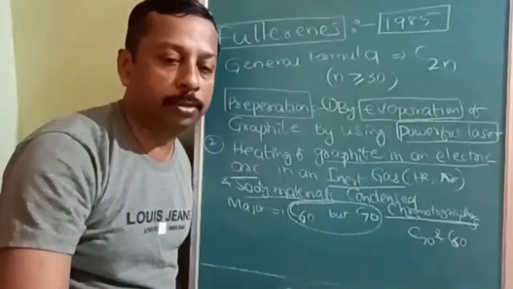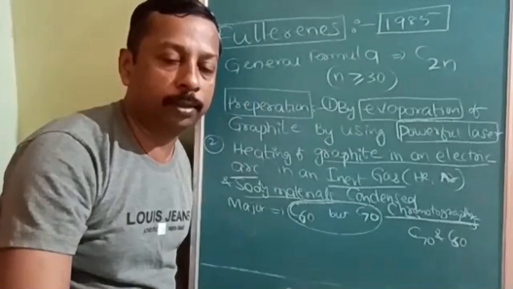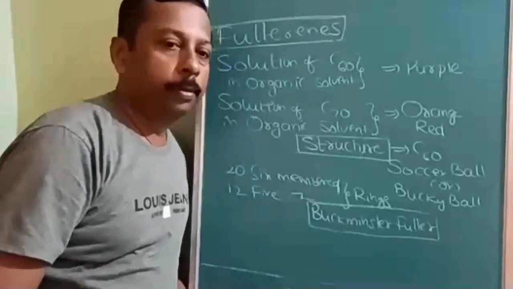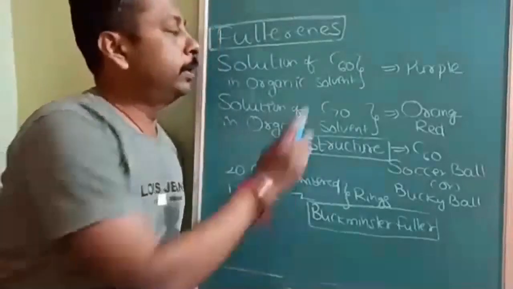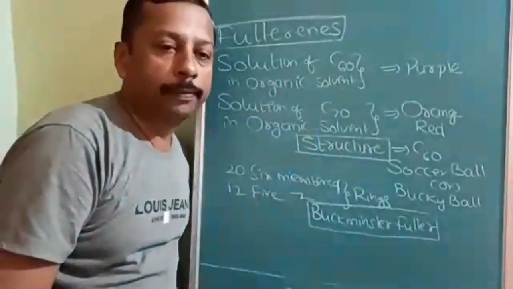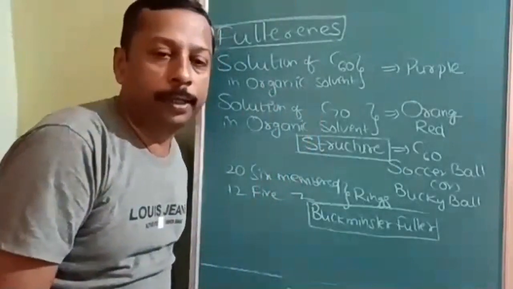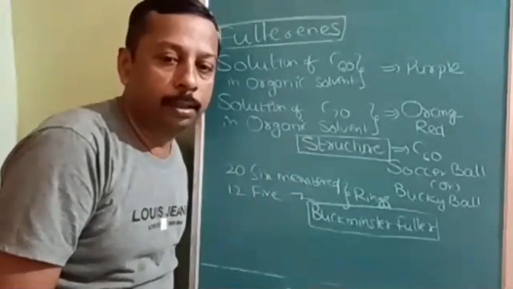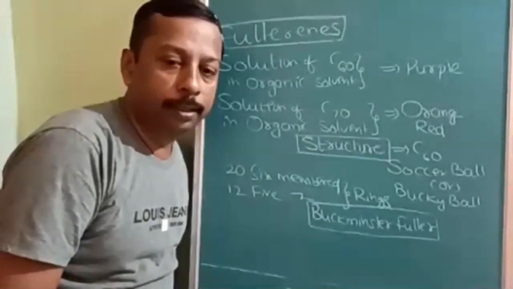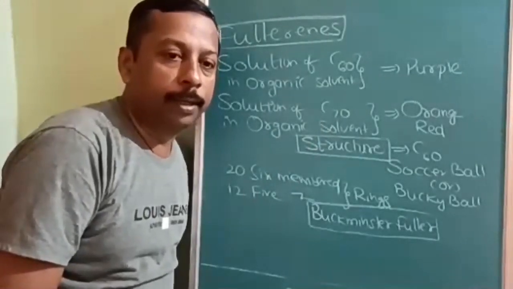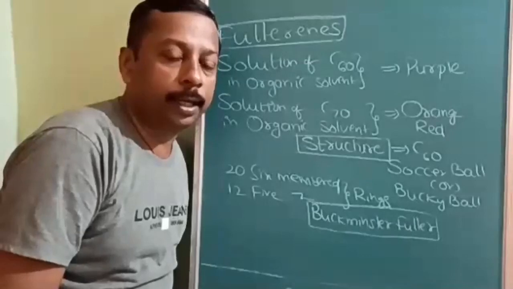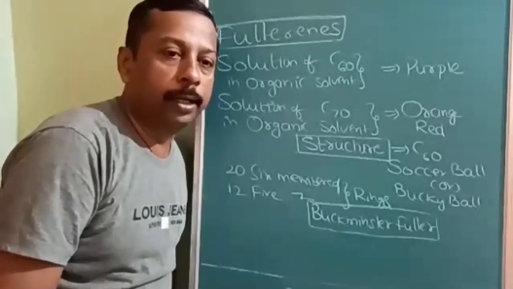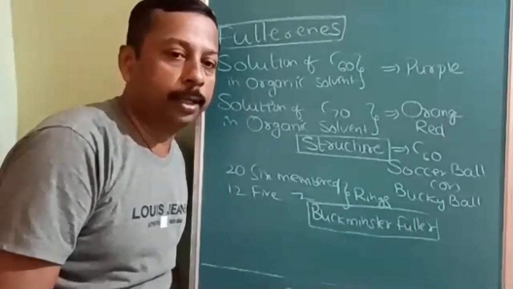Let's know some more interesting facts about the fullerenes. Graphite and diamond are not soluble in organic solvent, but C60 and C70, both fullerenes, are soluble in organic solvent, and they are also colored in nature.